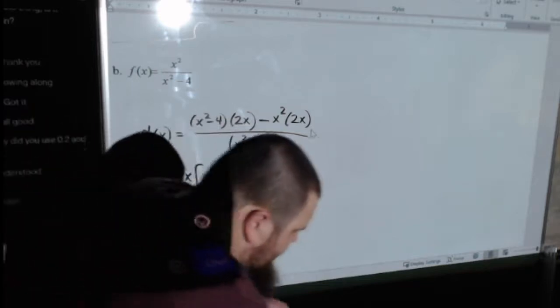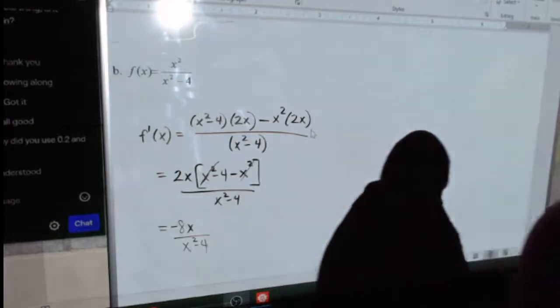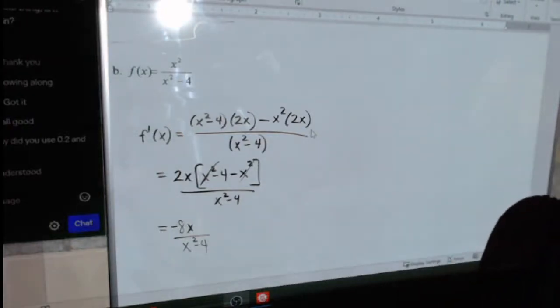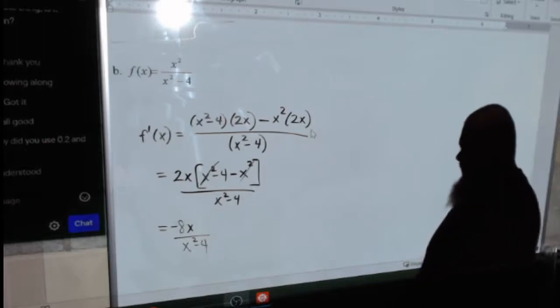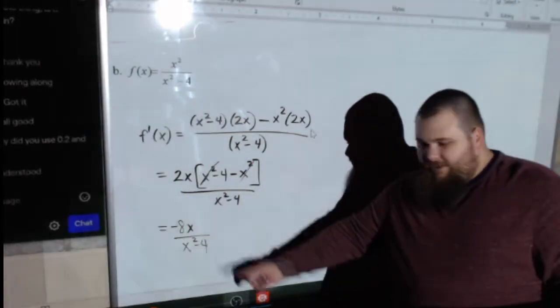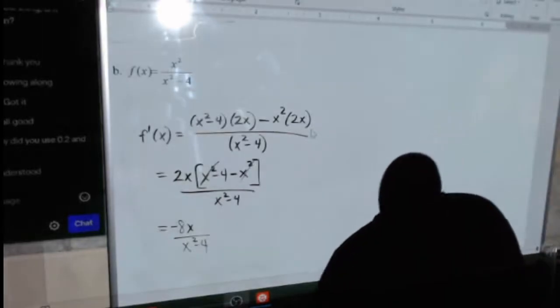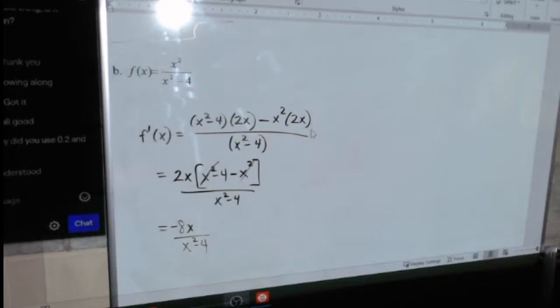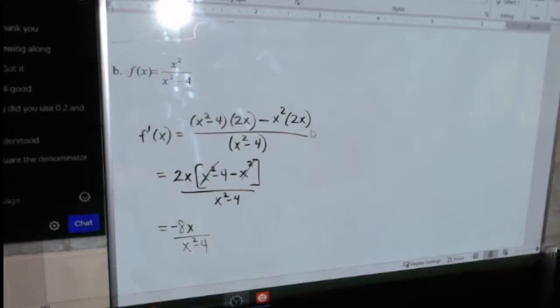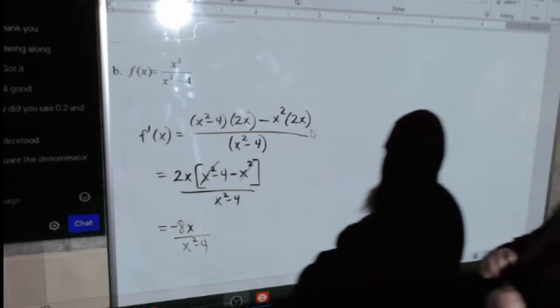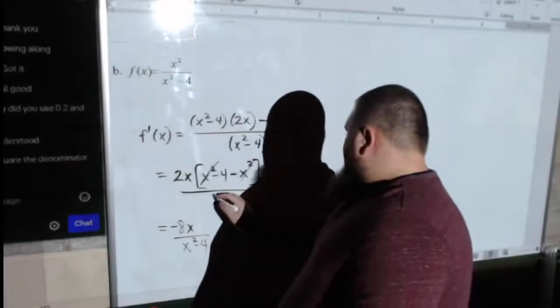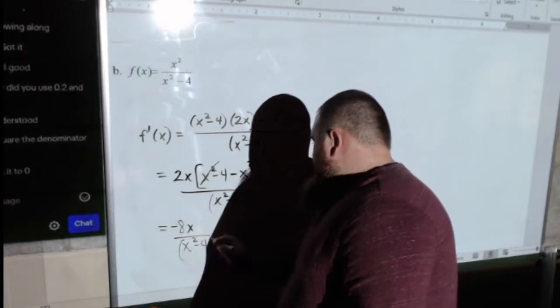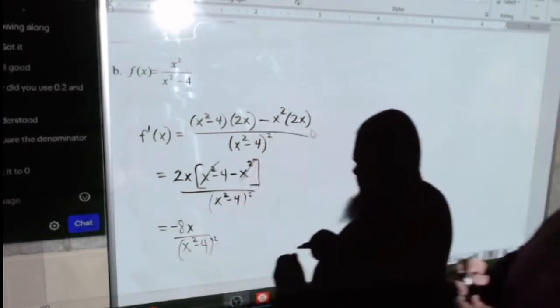So just a quick question. See if you guys are paying attention and learning something. How do I find the critical values for this equation? So go ahead and answer me in the chat there and tell me what you guys think. Set it to 0.